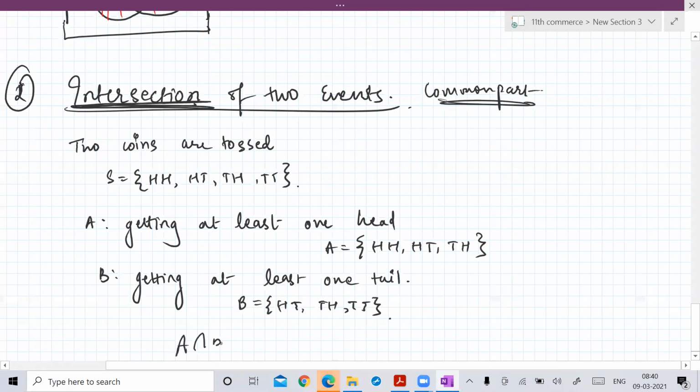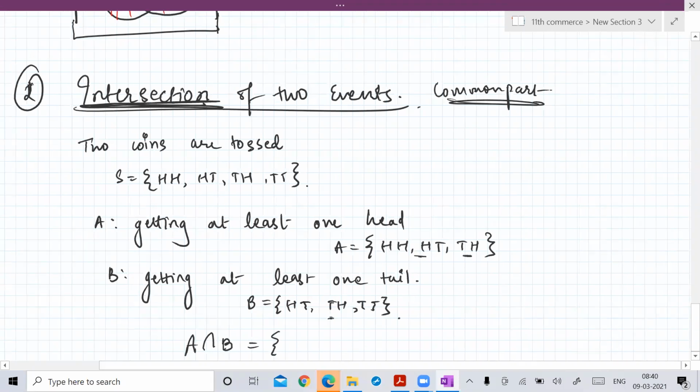A intersection B is the common part. So what is the common part? HT and TH is the common part. Okay, A intersection B.